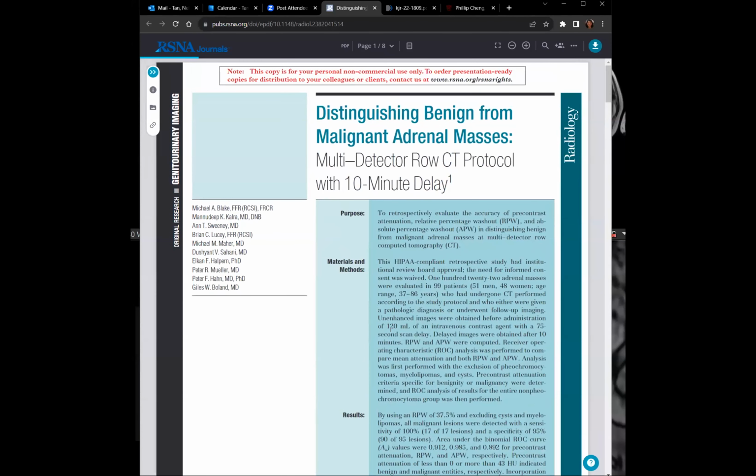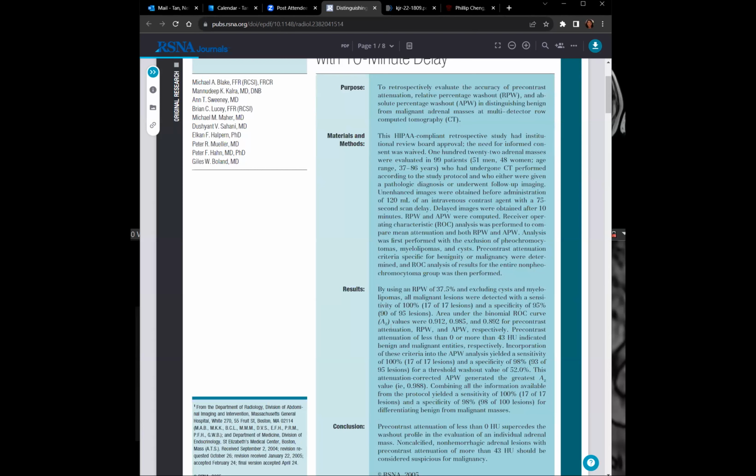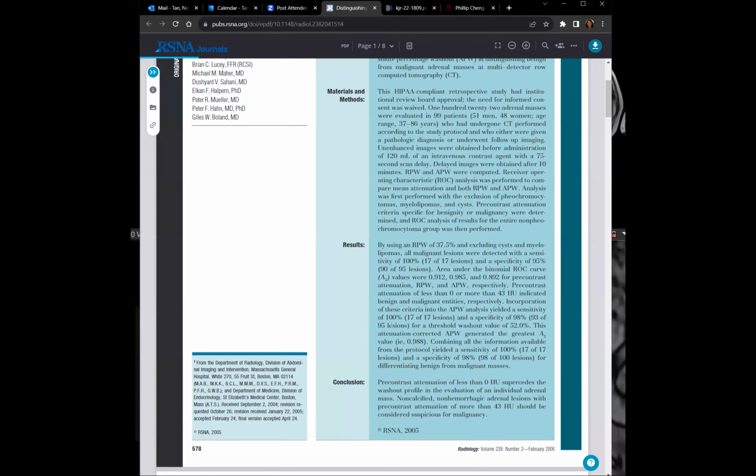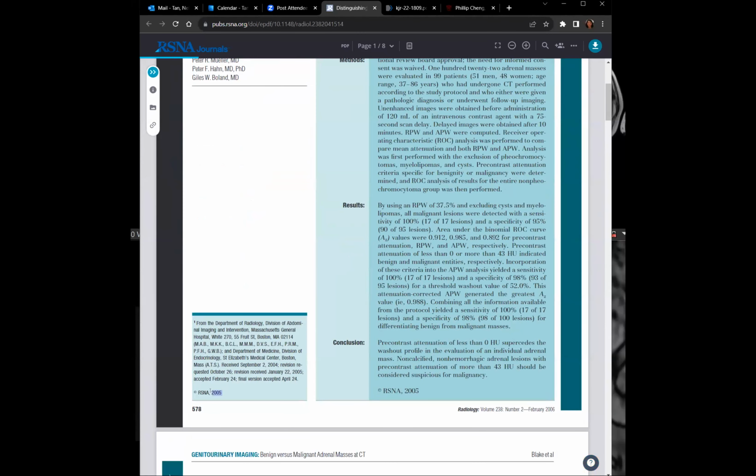I wanted to review this paper because I didn't know that dense lesions have a high pretest probability for malignancy, irrespective of washout. This paper was published in Radiology, 2005, so 8 years ago. It says non-calcified, non-hemorrhagic lesions with pre-contrast attenuation higher than 43 should be considered suspicious for malignancy, irrespective of washout.